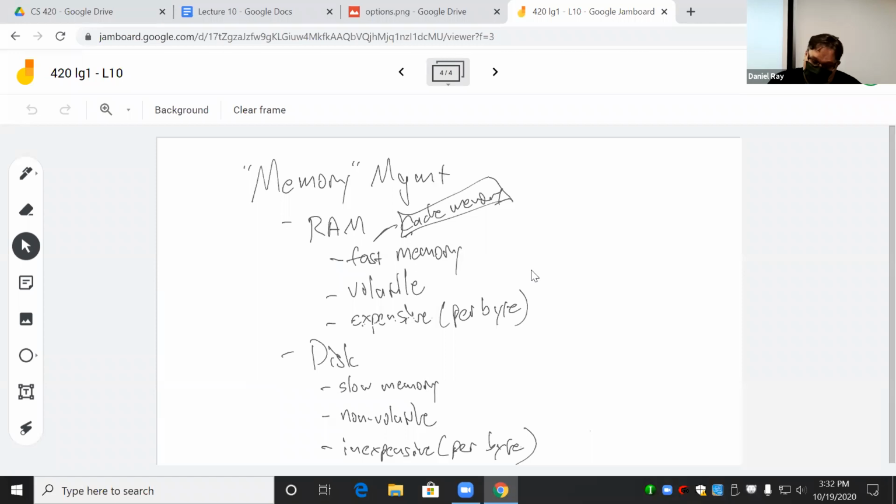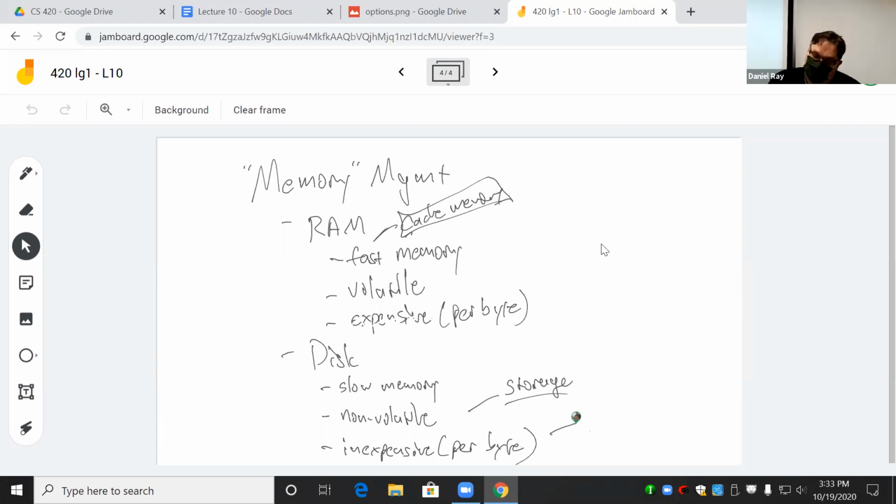Disk is for long-term storage, and long-term can mean from process execution to process execution. RAM is for temporary storage. It's just where the instructions and the data go when we are running the program.